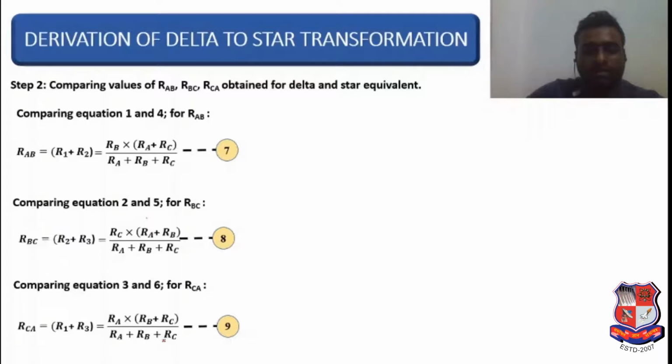Now to solve this, there are many possibilities. Suppose I want to find R1, how do I have to proceed? First I have to subtract these two equations to eliminate R2. If I subtract, I will get R1 minus R3, and I have here R1 plus R3.